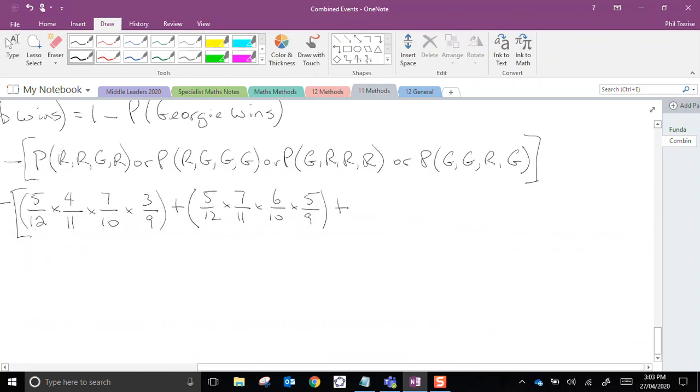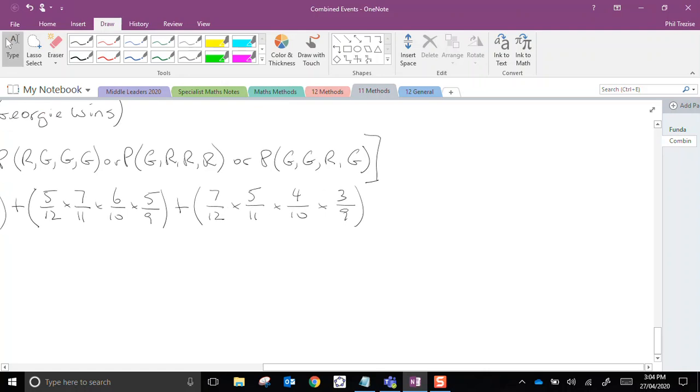Now what's the next one? Just above here, green. There were 7 green ones out of 12. I think you can see the pattern. Each time we draw another marble, there's 1 less in the container, so it'll be 12, 11, 10, 9. Now the green one, there were 7 to start. Then the red ones, there would have been 5 to pick on this draw, then 4 available, then 3 available.